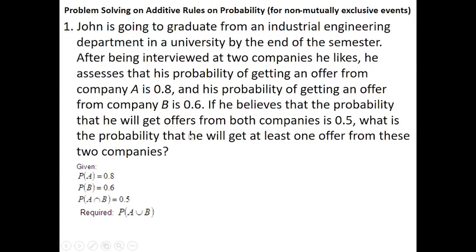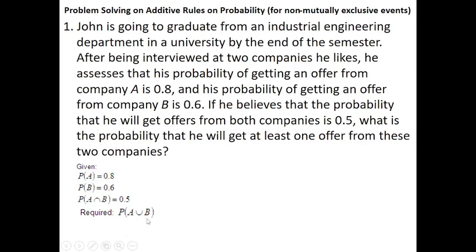Pwedeng company A or company B or both. So ito yung notation, A union B. So the probability that he will get at least one offer. Sabihin niyan, may option. Pag may option, or yun, di ba? And this is the symbol we use.